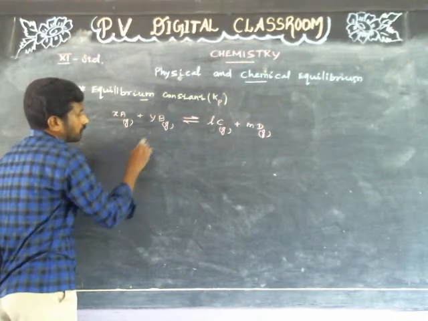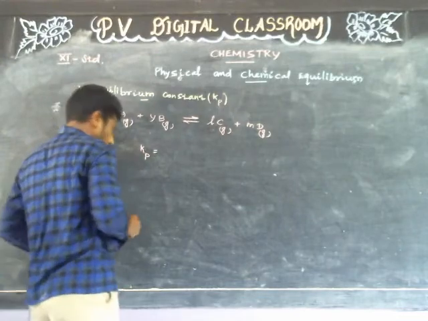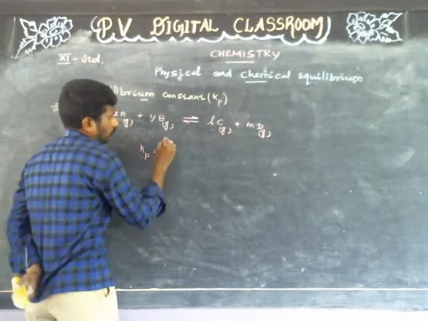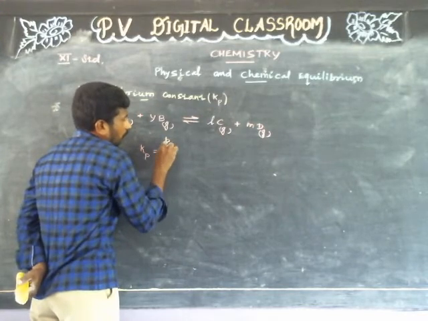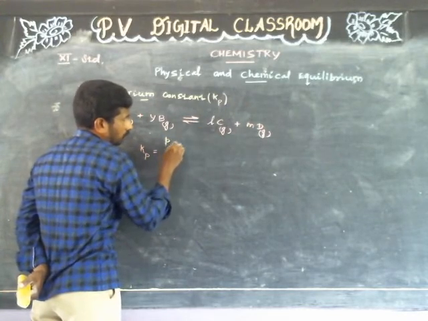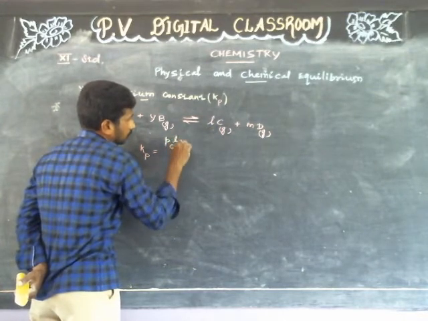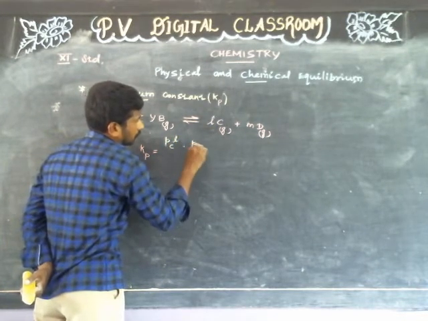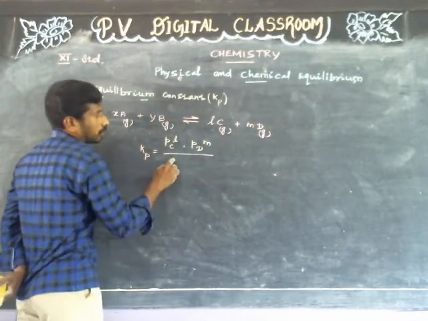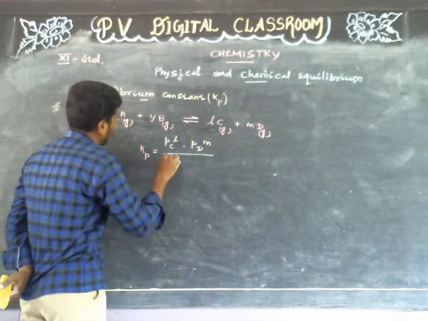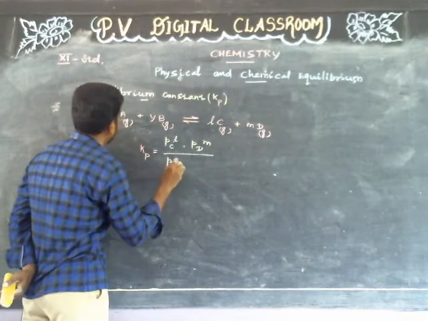Equilibrium constant for this reaction is Kp, which is equal to the product of partial pressure of the product molecules divided by the product of partial pressure of the reactant molecules.